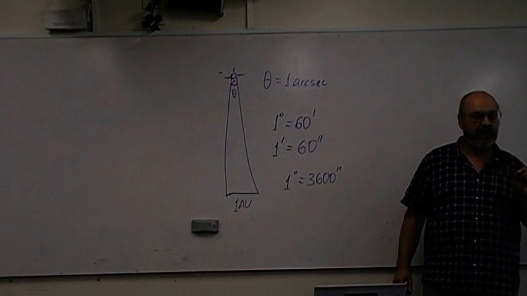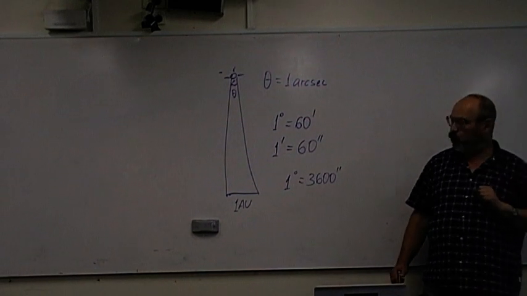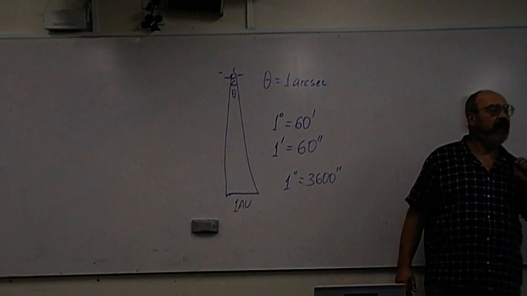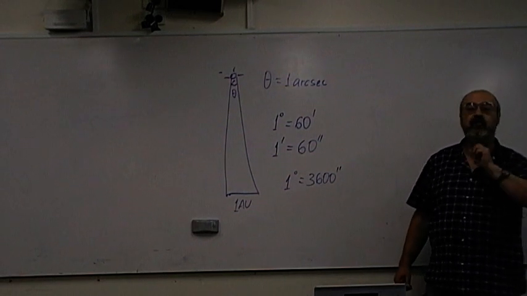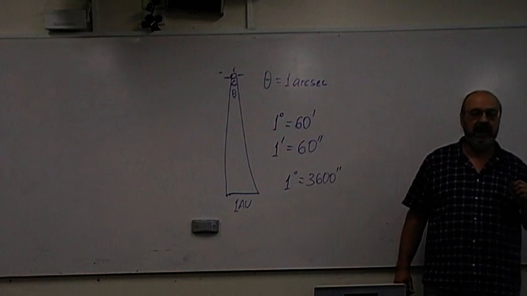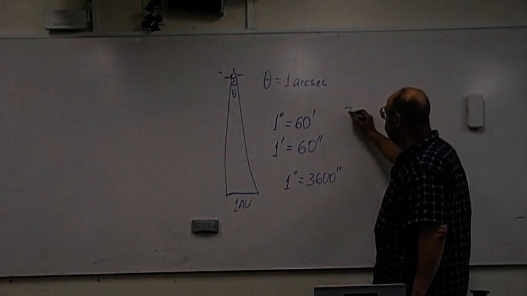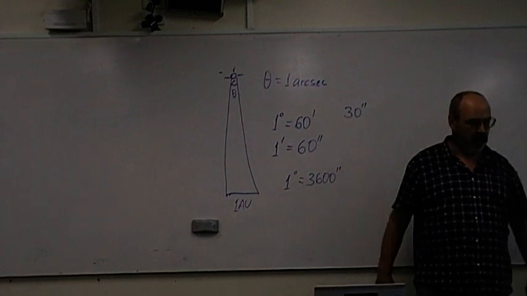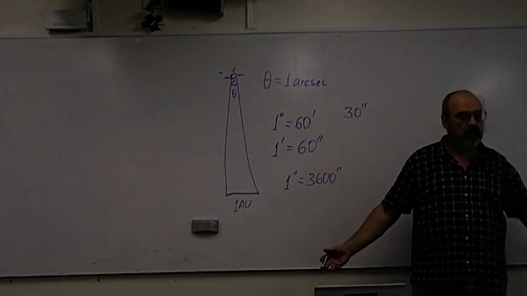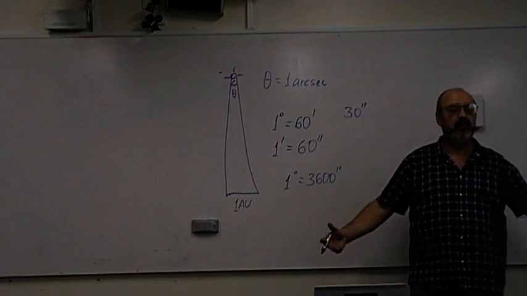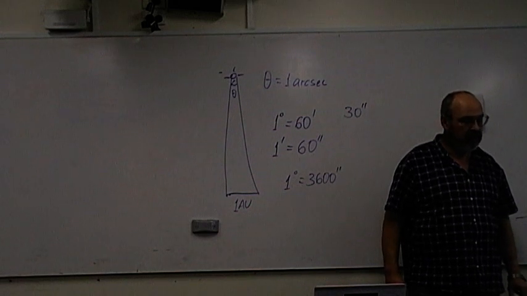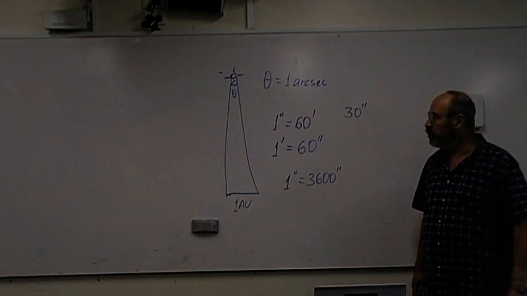Our eye cannot distinguish such a small angle as 1 arc second. The best that the trained human eye can distinguish is 30 arc seconds. It's the best that the human eye can do. But technology, the telescopes that are in space, can do better than that, so we can measure further.